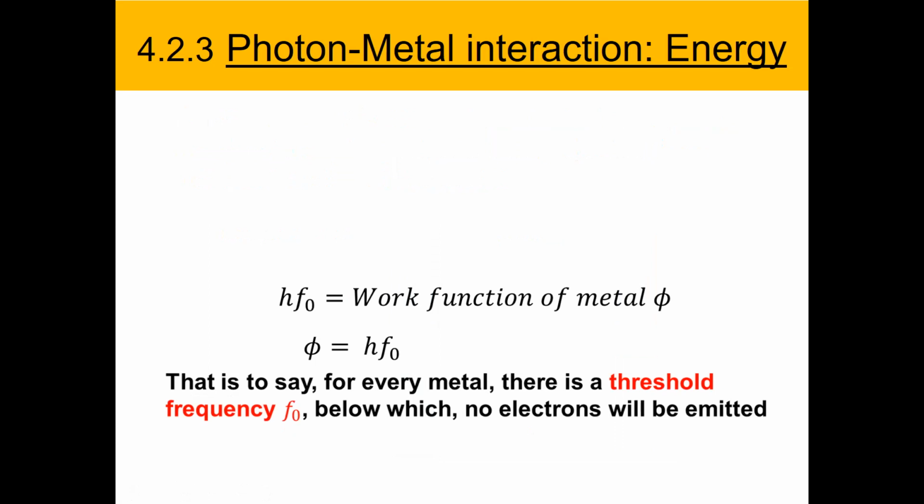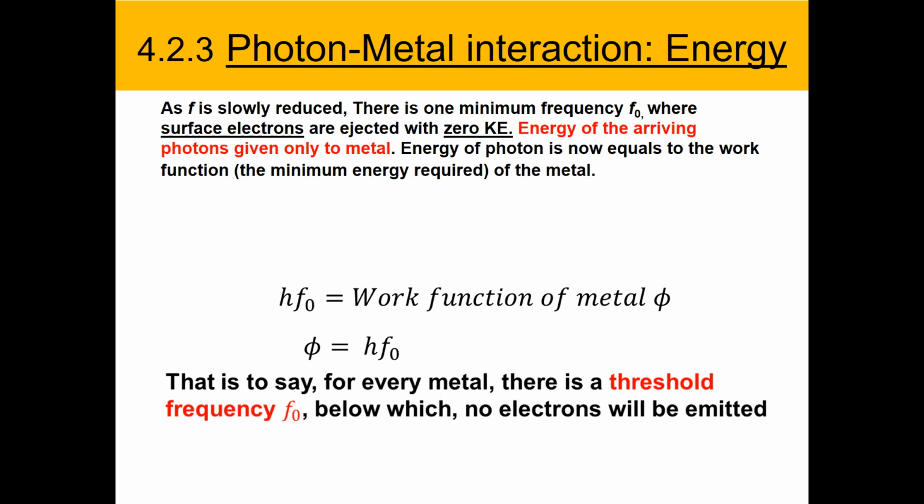So when I introduced the work function, I haven't related that to the threshold frequency. Now I can talk about them together. If I slowly reduce the frequency of the light, I will be slowly reducing the energy of the photon. There will at one point be one minimum frequency where electrons are ejected with 0 keV.